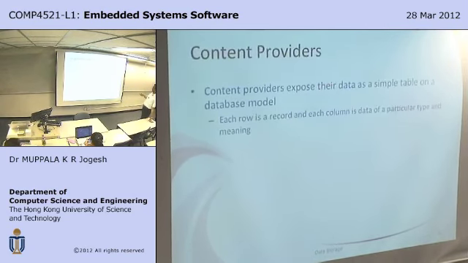So content providers expose their data as a simple table, just like a database model. They are making use of the standard table structure of a database model. Each row is a record and each column is the data for a particular type and meaning. Now how do you know what the rows contain?